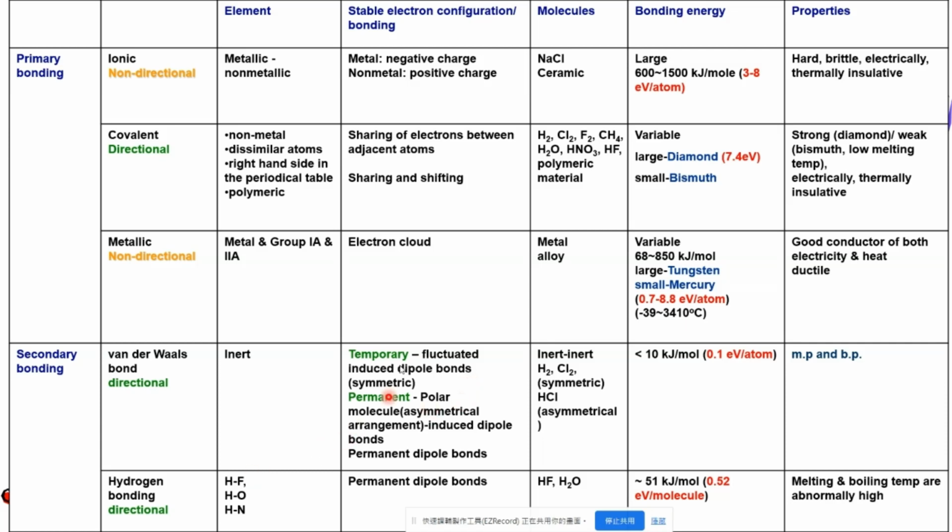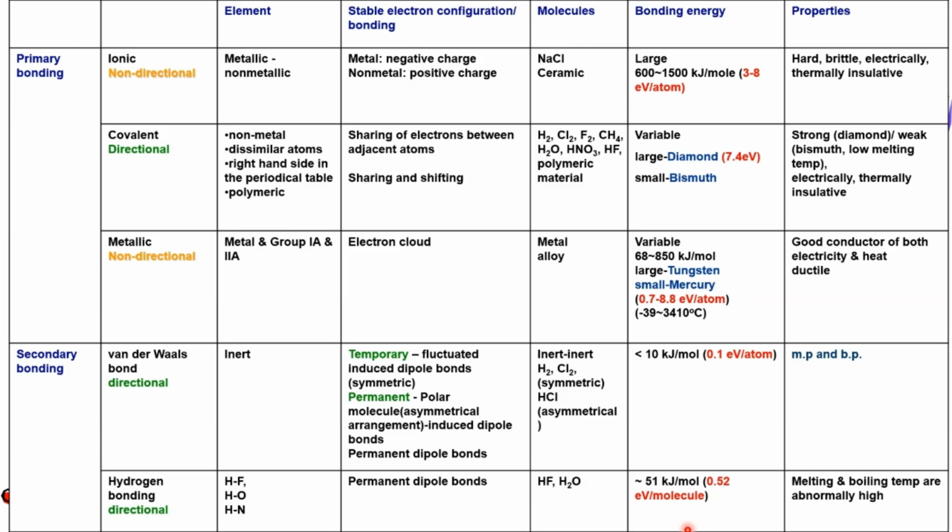So in terms of energy, we also know that the bonding is stronger in the primary bond compared to the secondary bond. The secondary bond, normally the bonding energy is about 0.1 electron volt. However, we have a special case, which is the hydrogen bond.